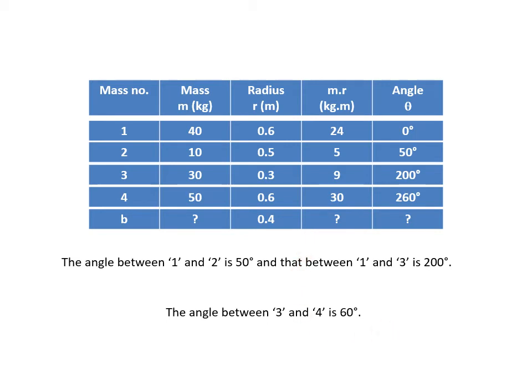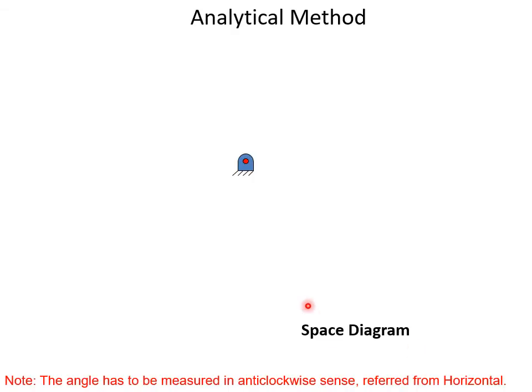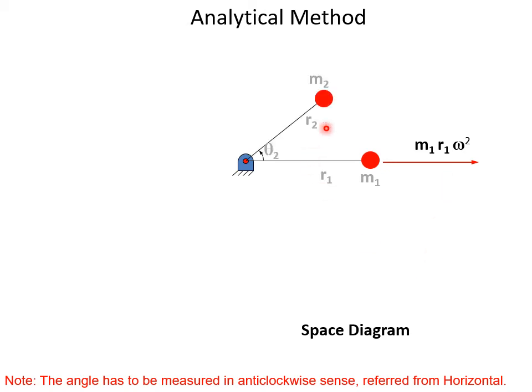So we'll start with the analytical method first. We start with the space diagram. To make it, we make all the vectors one by one for each mass, and then we go by resolving the components. So let us have m1 r1 omega square at 0 degrees. Then we have mass m2 at radius r2 at angle theta 2, which is 50 degrees, so m2 r2.